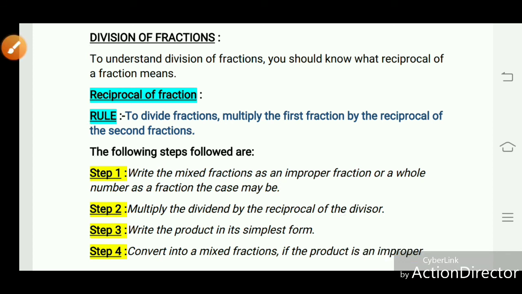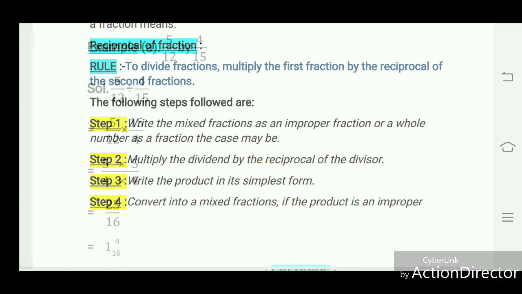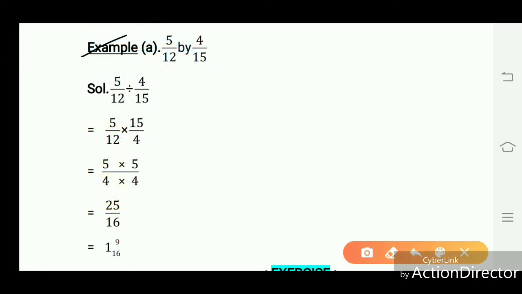Step 4. Convert into a mixed fraction if the product is an improper fraction. Example: 5/12 divided by 4/15. Here we take the reciprocal of the second fraction, 4/15.